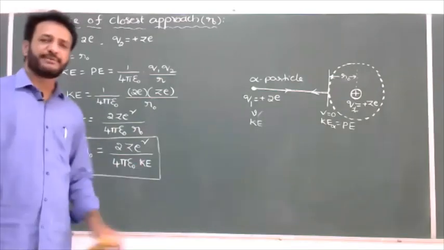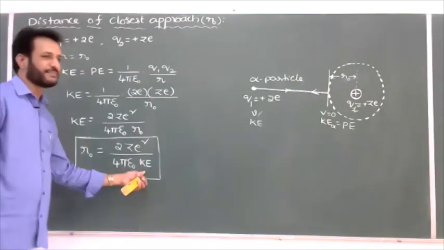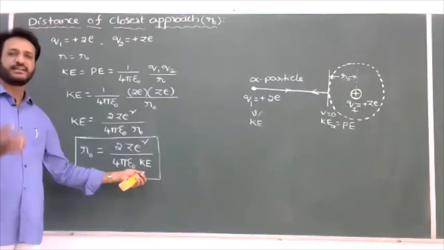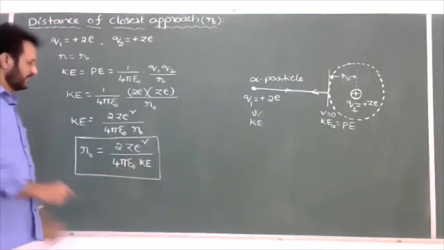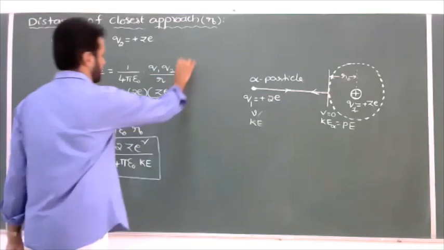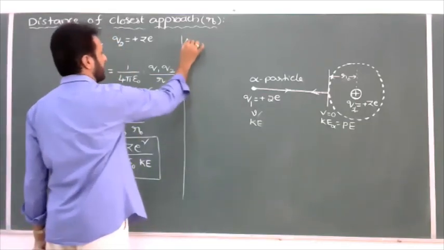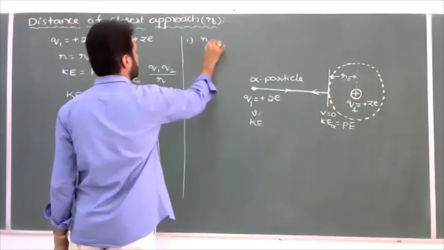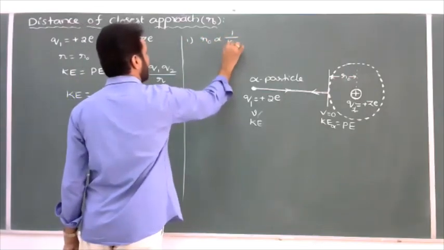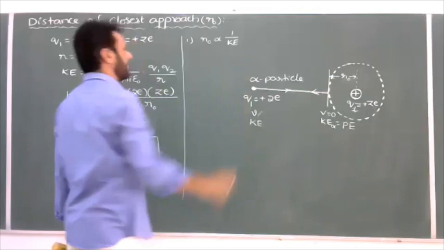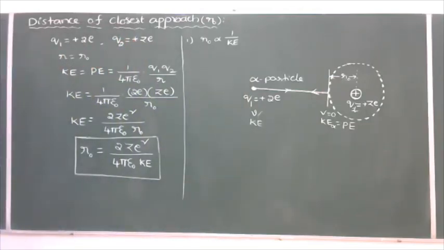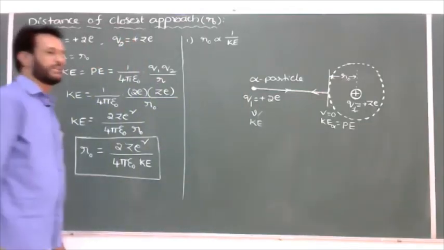Here we can write a different formula also. In place of KE, we may write half mv square, or KE is equal to P square by 2m. From this, I'll write how R naught and KE are related. R naught is inversely proportional to the kinetic energy of the alpha particle or projectile, R naught proportional to 1 by KE.